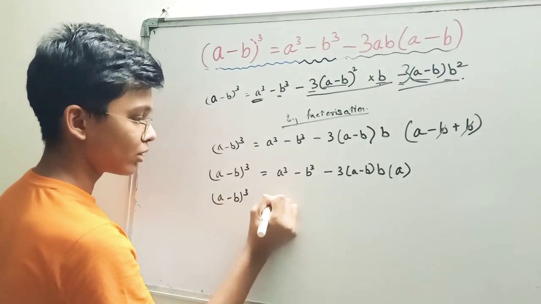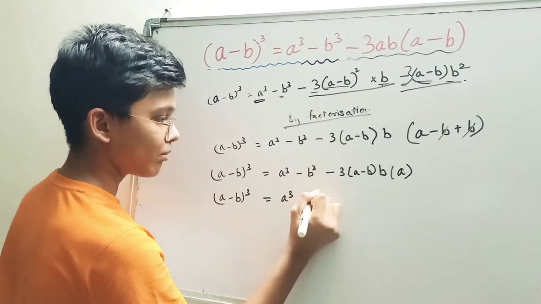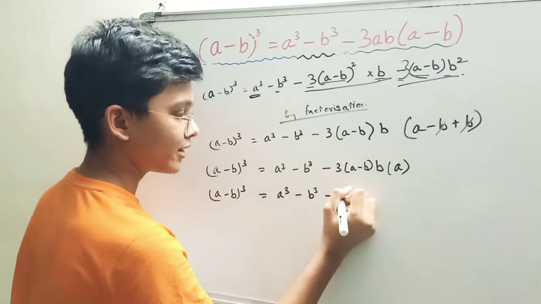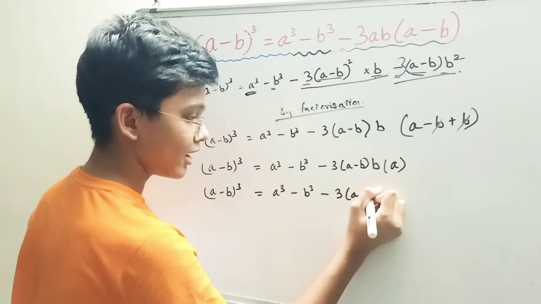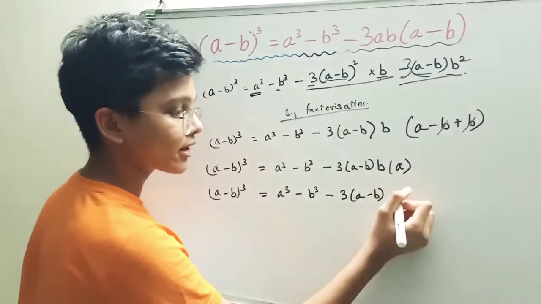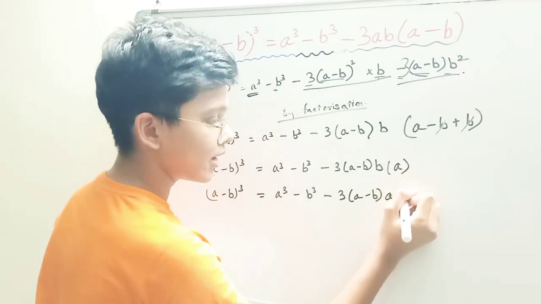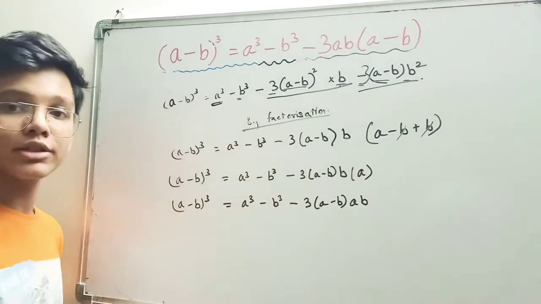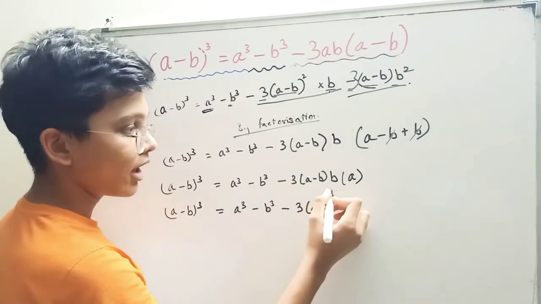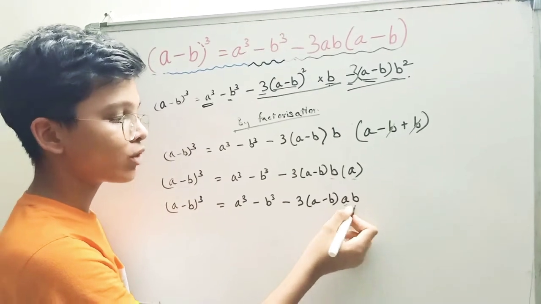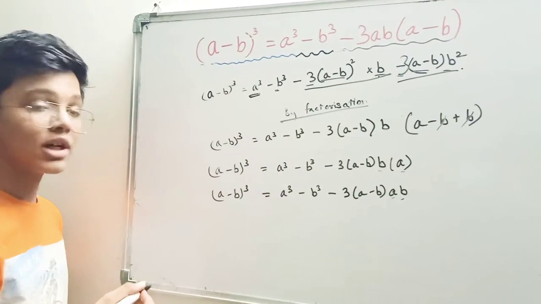So a minus b the whole cube equals a cube minus b cube minus 3 into a minus b, and if I arrange it in alphabetical order, it would be ab. It does not matter. We know that b into a equals a into b, so it does not matter if we rearrange.